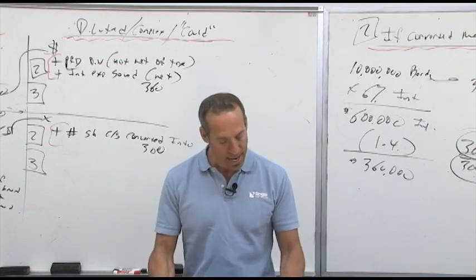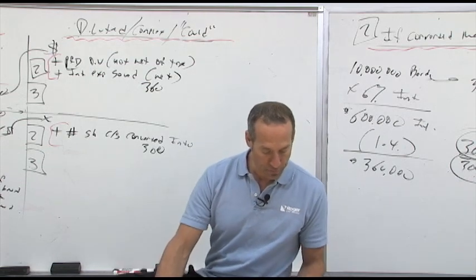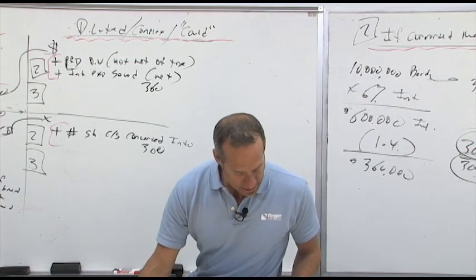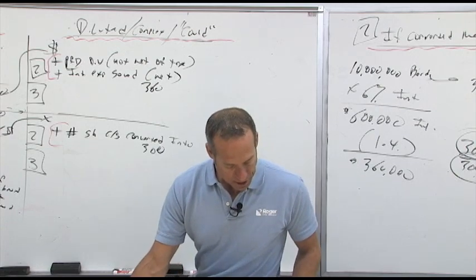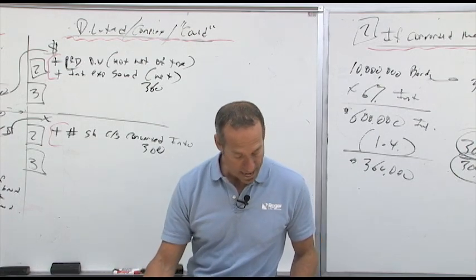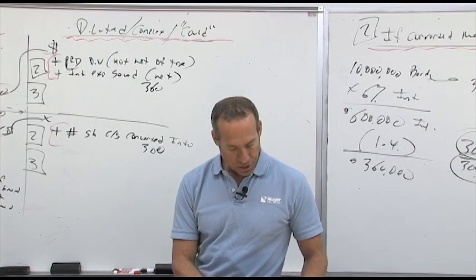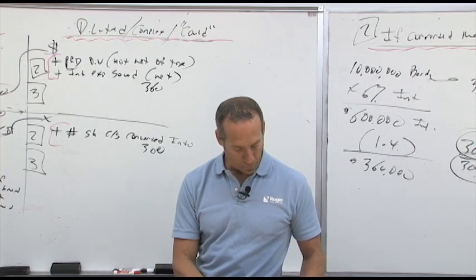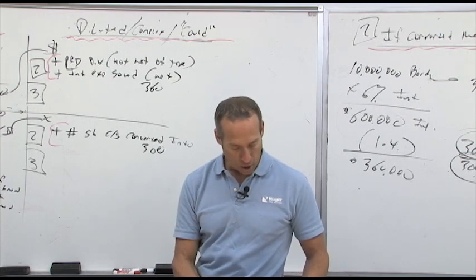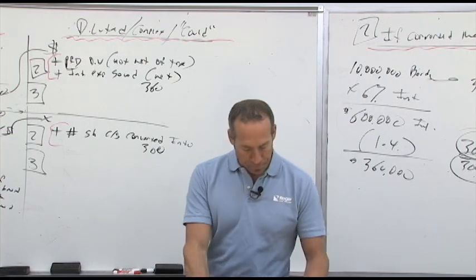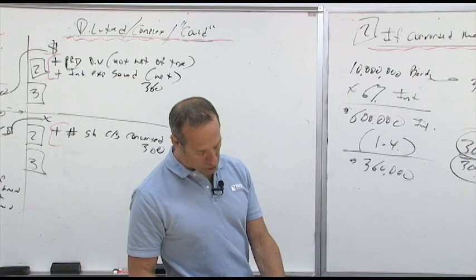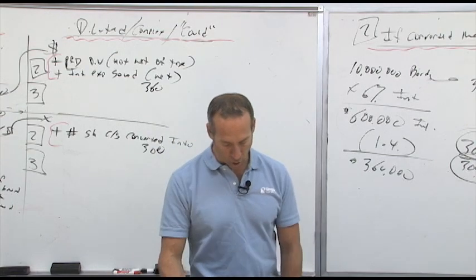You'll see here it says net income. This is for diluted, plus the preferred dividends not net of tax, plus the interest expense saved from convertible bonds net of tax. And then at the bottom, number 2, the number of shares converted into for both preferred and convertible. You don't weight them. It's all of them.